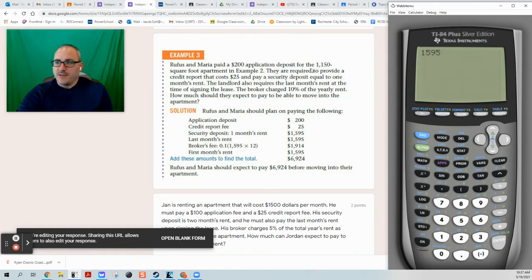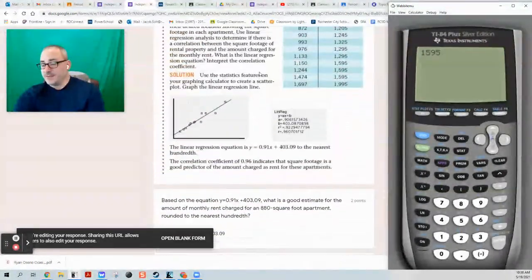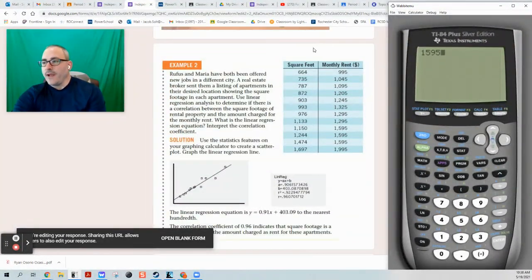Remember the apartment that was 1,150 square feet? I'm going to go back up to example 2. Where is the apartment that is 1,150 square feet? Do you see it? It's on the table right there. The apartment that was 1,150 square feet was $1,595 per month. That's how I got that.